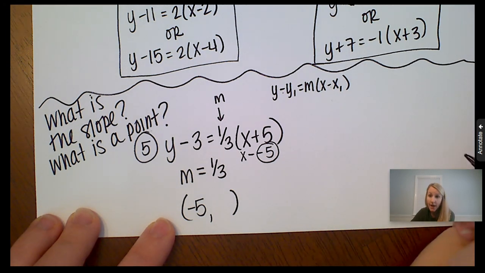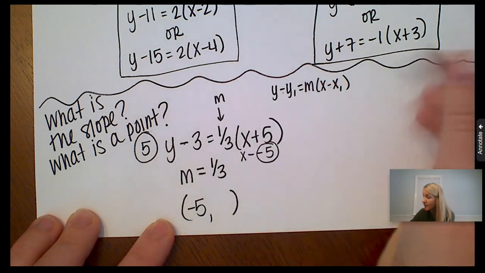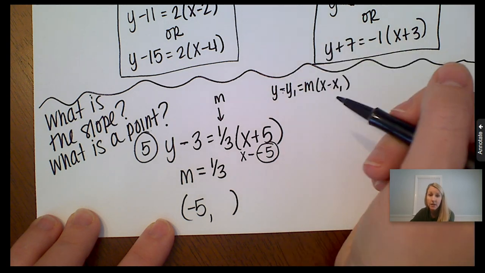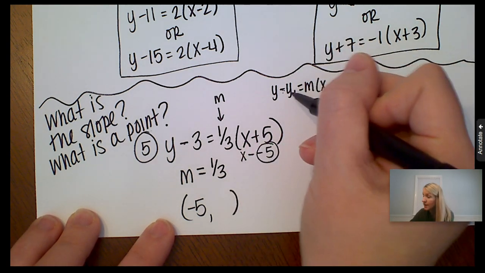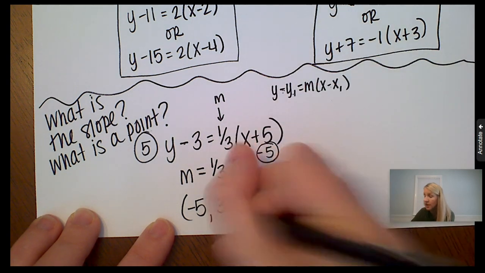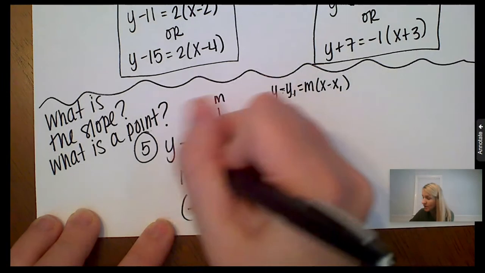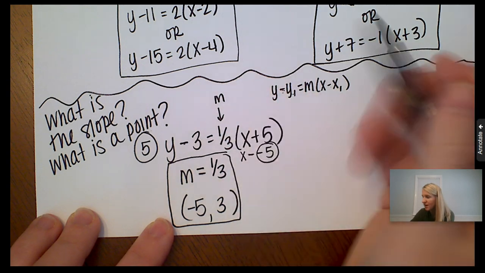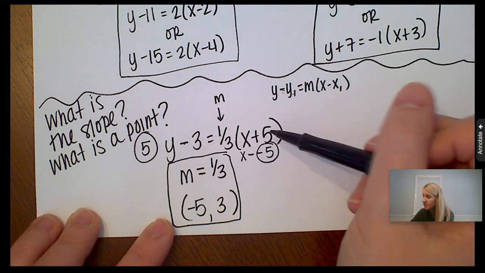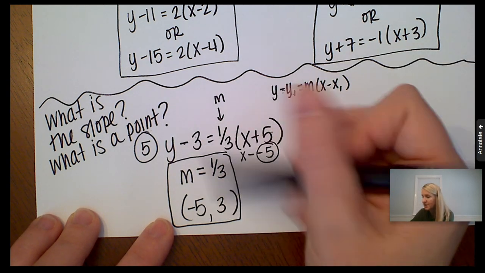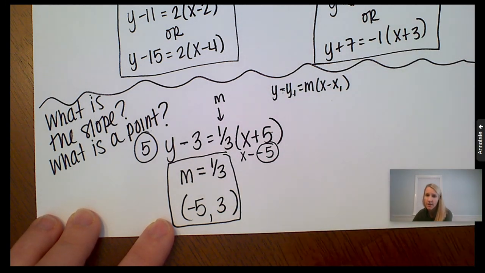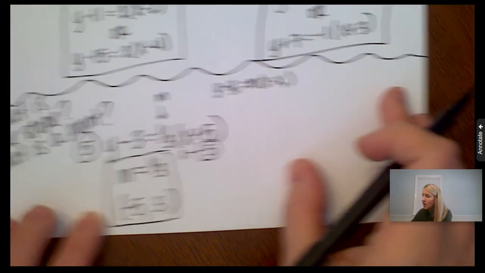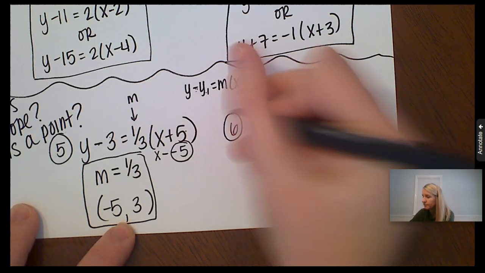And then to find my y, that minus, excuse me, came from the equation, not from me plugging in the minus. So in that case, the y1 I actually plugged in was 3. Just as a heads up. So I always remind myself when I look at it, just think of the opposite sign. So the opposite of that's -5, the opposite of that's +3, and that's what I would have plugged in originally, if the negatives come from the equation. So let's try one more of those.